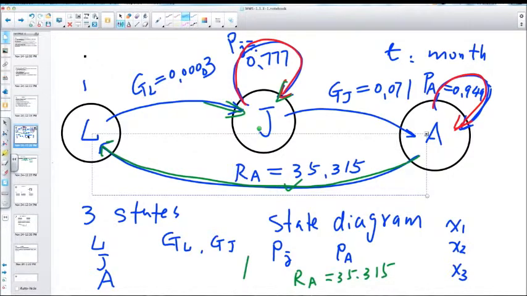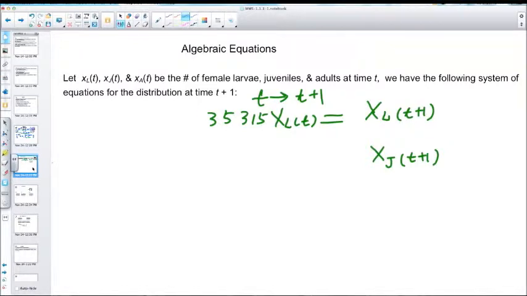You got 2 income transitions, then you need to add 2 multiplications. And the first group is the survivor of the juvenile. And then we got the survival rate about 0.777, I think.